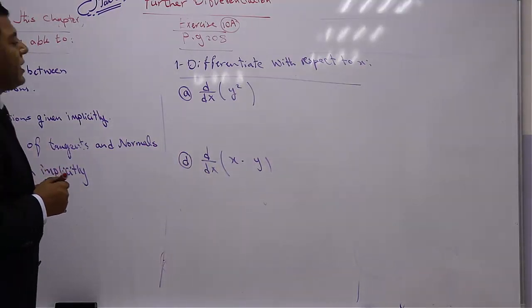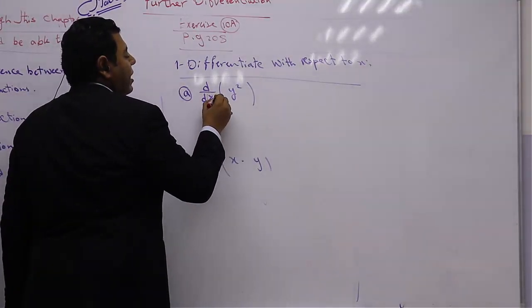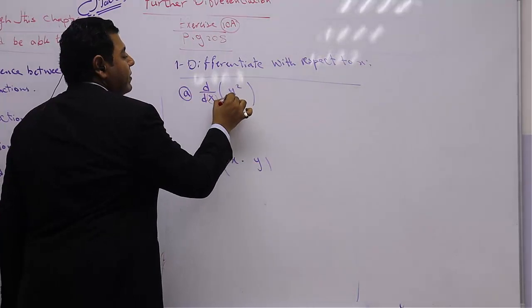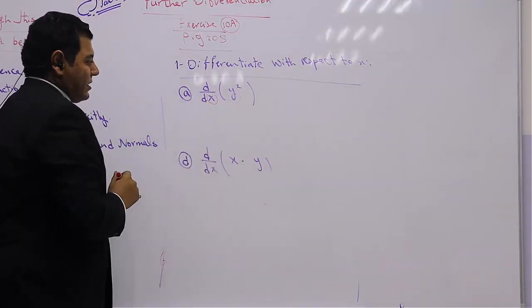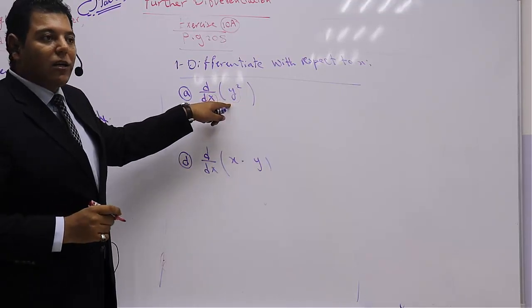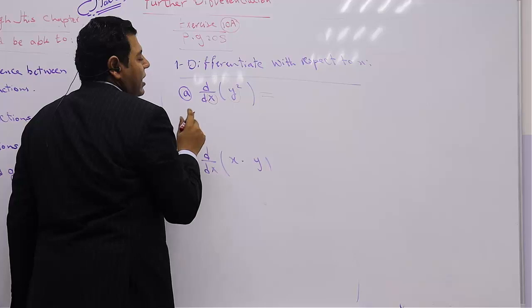To differentiate this, you have to use the chain rule. Why? Because the variable here is x, and the variable here is y. They disagree: this is x, and this is y. So we just need to find dy over dx. How do we do that?